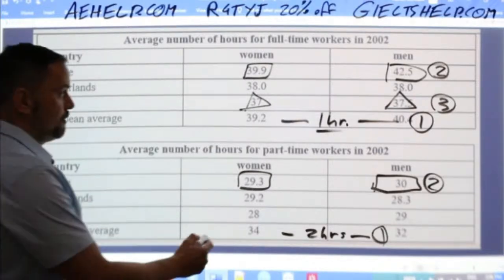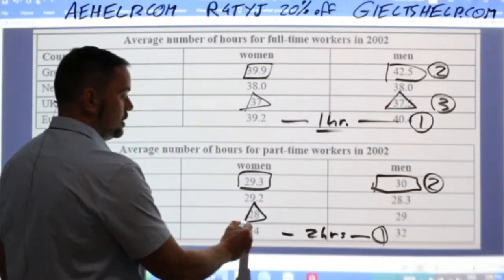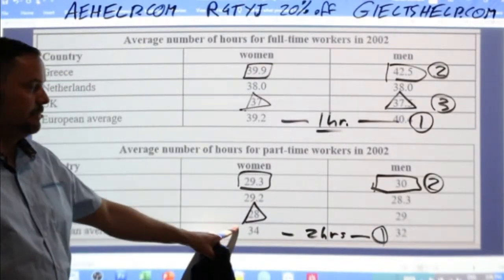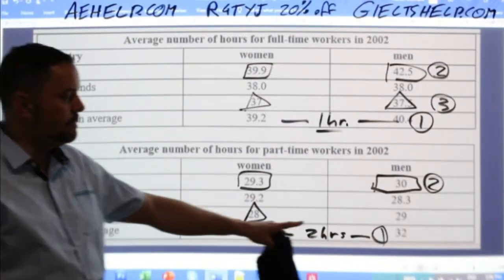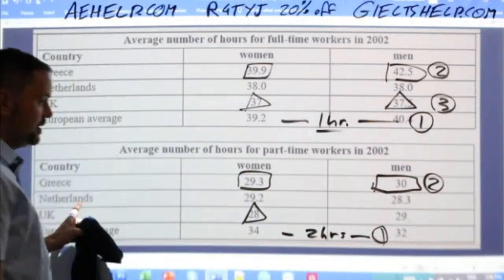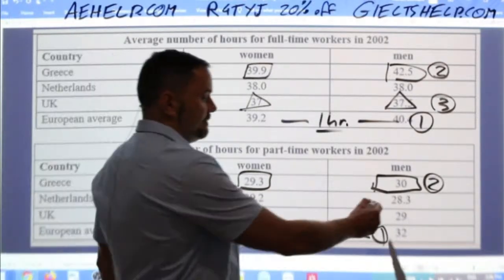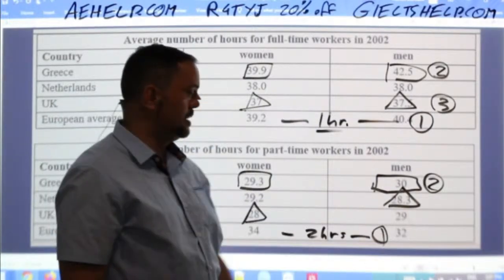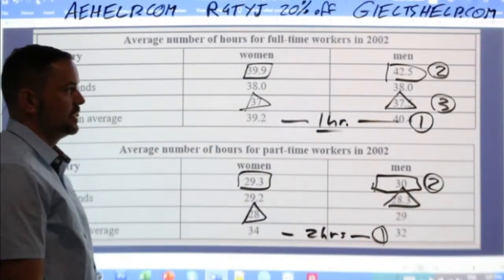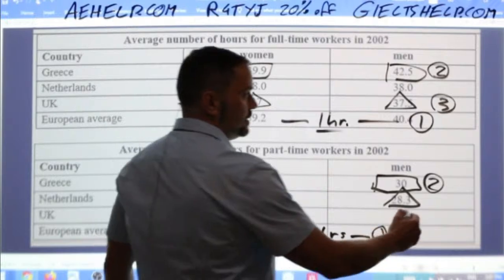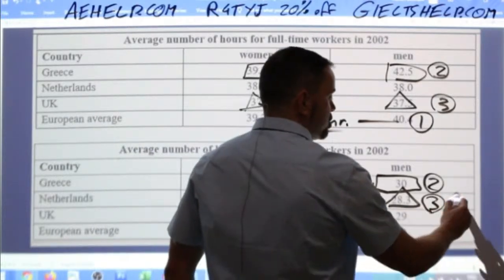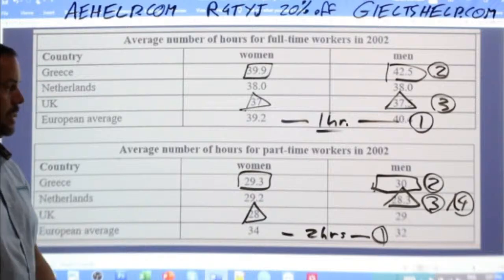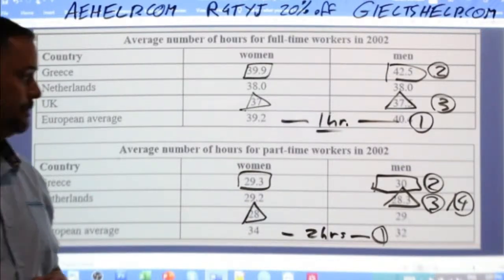It's true for the UK for women for part-time, but it's not true for men. Men, it's actually the Netherlands where you have a little bit less than for the UK. So that would be my point 3/point 4. Okay? And that's quite a bit of information there.